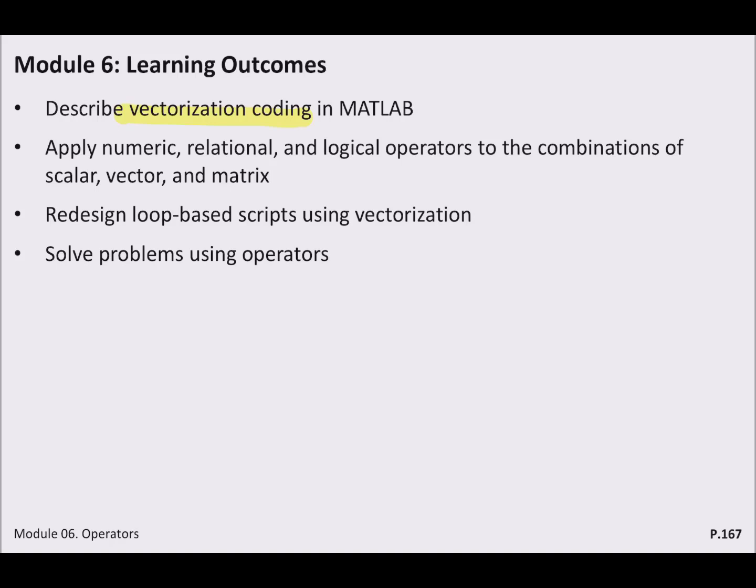And you can use operators like numeric, relational, and logical operators when different combinations of scalar, vector, and matrix are involved. And you can redesign the loop-based script using vectorized code. Finally, you can apply this concept to solve many different examples in the previous module and future modules.